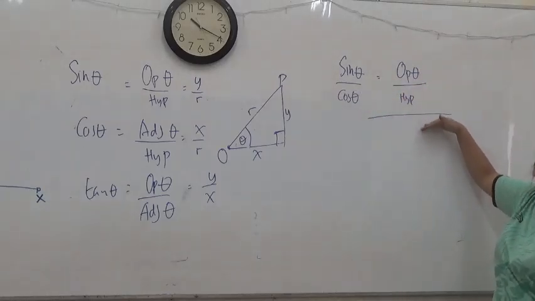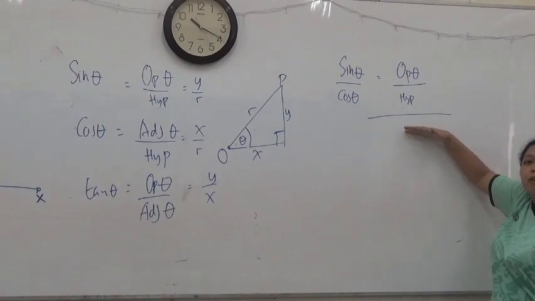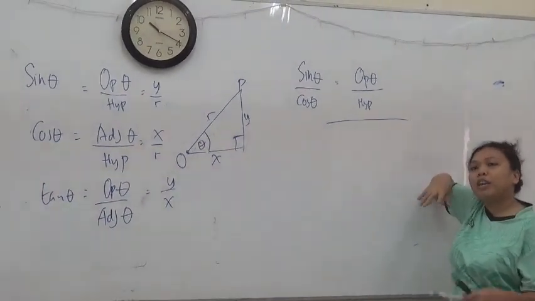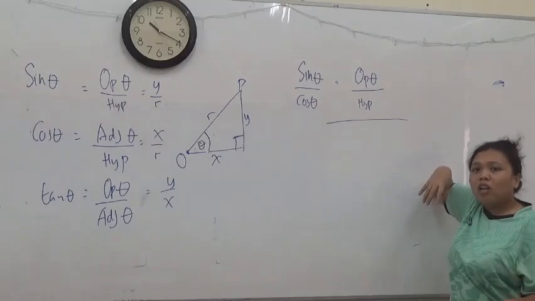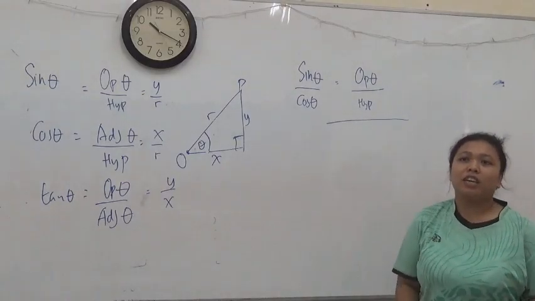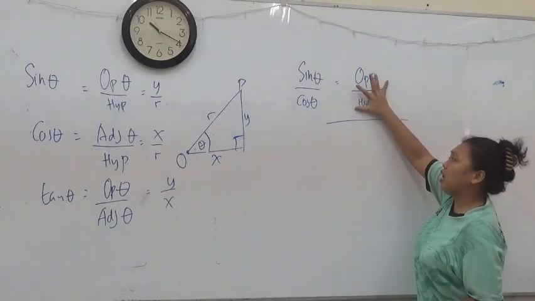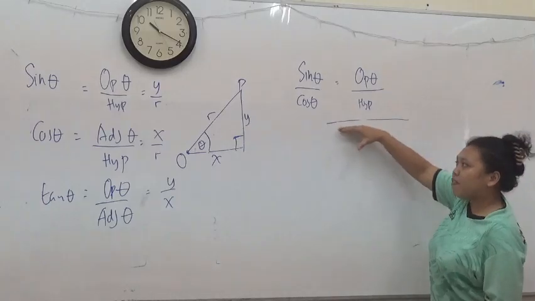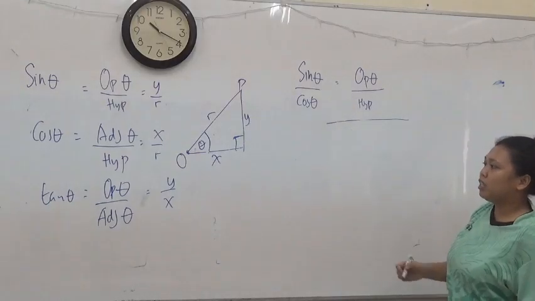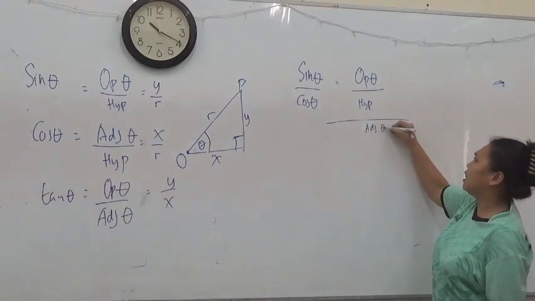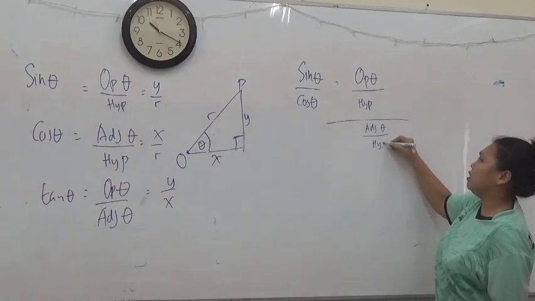I put the division line longer. This is very important when you divide something: when you have many division lines, you need to make one longer to make it clear which one is divided by which. So this is your sine theta, divided by your cos theta, which is adjacent of theta divided by hypotenuse.